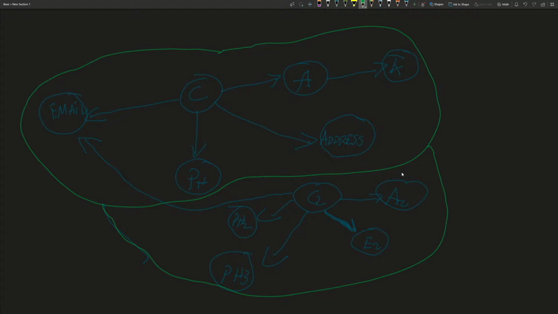Conversely, a strongly connected cluster would mean I'd have to follow the relationships in the direction in which they are drawn. So, for example, this is not a strongly connected cluster because I cannot get from customer to email to customer, because the directionality in this relationship does not go from email to customer. In this case, that is not useful for us, because this clearly is something interesting to us.